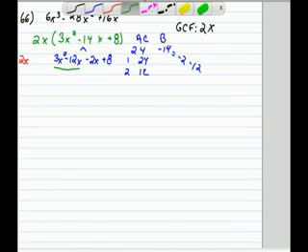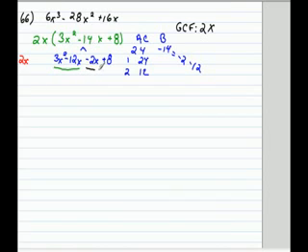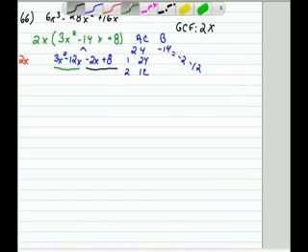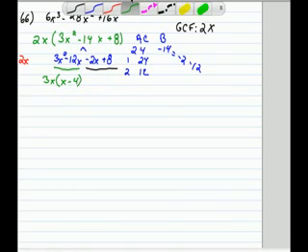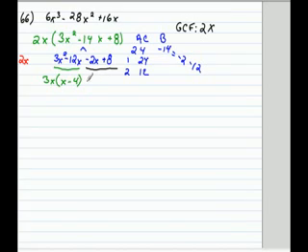Got my two groups. Front group and a back group. Of the front, I can take a 3x, and that's going to give me x minus 4. Of the back, I'm going to take what? Remember, I want an x minus 4, so I can take out a negative 2. That's going to give me x minus 4.